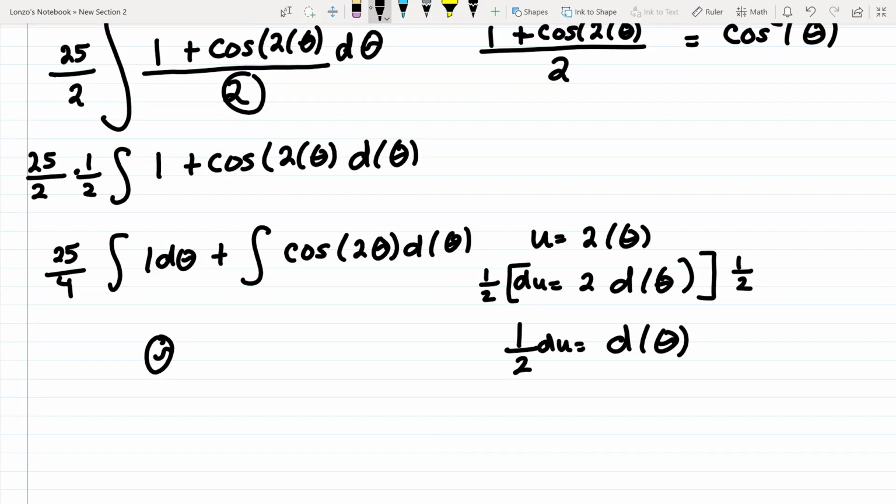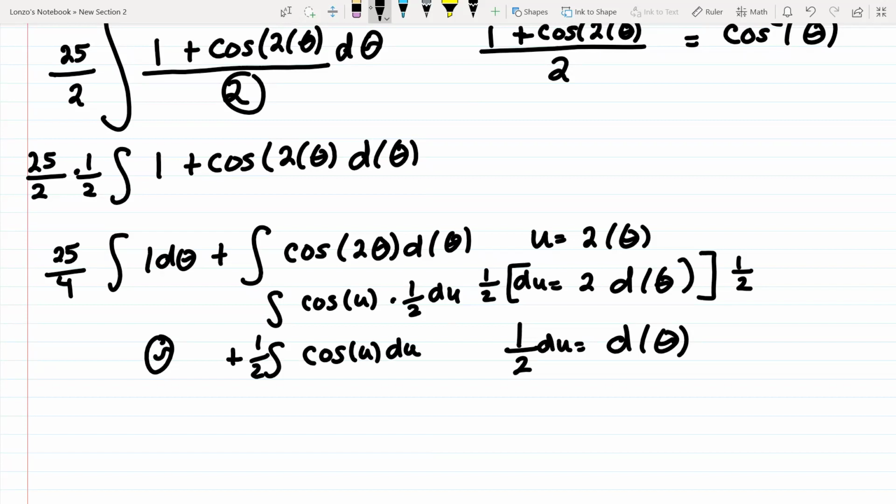So it's like saying the integral of cosine of u d theta is 1/2 du. So it's plus 1/2, because this is a constant, and then cosine of u du. What is the integral of cosine? Sine, right? The integral of cosine is sine, and our u is 2 theta.